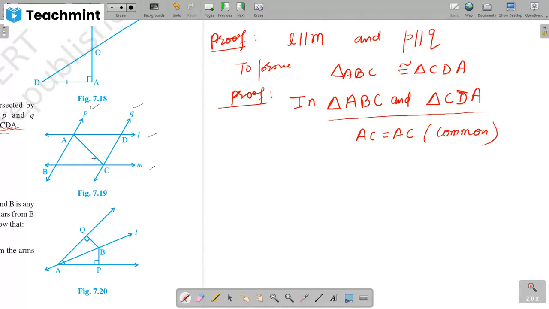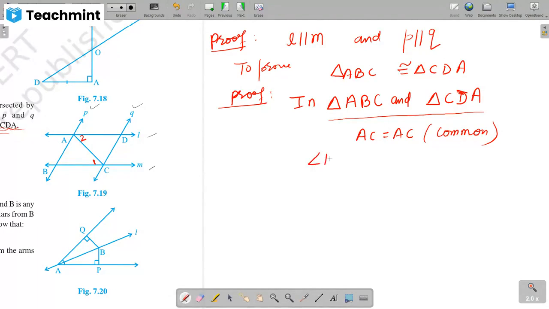Angle BAC is equal to angle DCA, alternate interior angles. Here I have marked angle 1 and angle 2. Are they equal? Yes, ma'am, alternate interior angles.